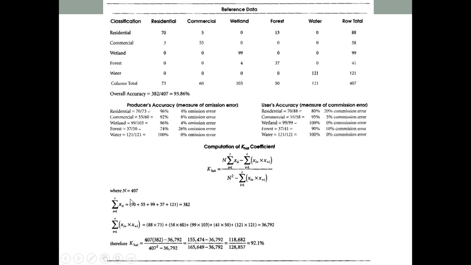Thus we can conclude that kappa will give you 92.1%, so it's slightly lower than the overall accuracy and also the producer accuracy. However, it gives you the idea of the accuracy of the data that you get through your analysis.